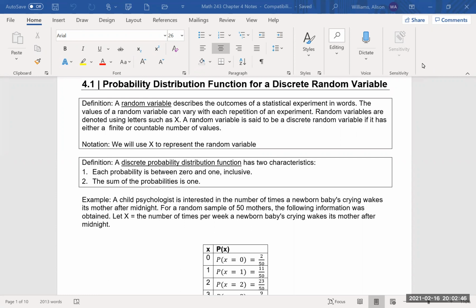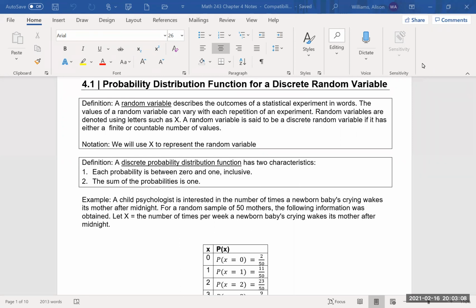And the discrete part is the fact that it's going to take on whole number values and a finite number of values. So a discrete probability distribution function, back up to the second definition now, has two important characteristics. Every probability is between 0 and 1, and the sum of the probabilities is 1.